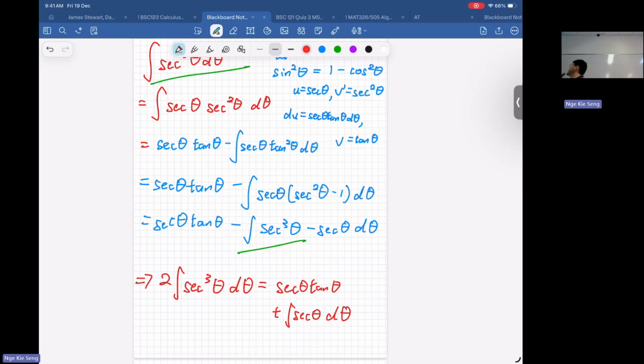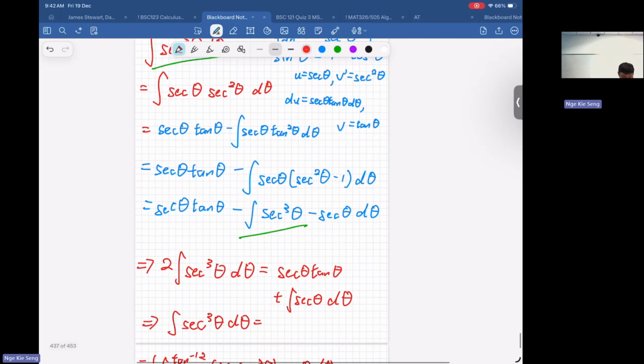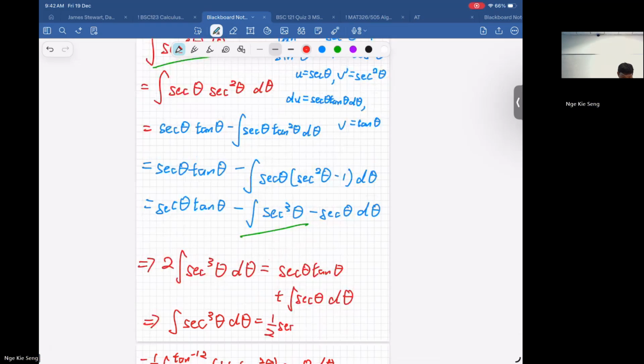This term we have produced already, but this term and that term we haven't. That's the thing you will compute from the partial fraction just now. So integrating secant cube theta d theta is half of secant theta tangent theta plus the integral of secant theta.